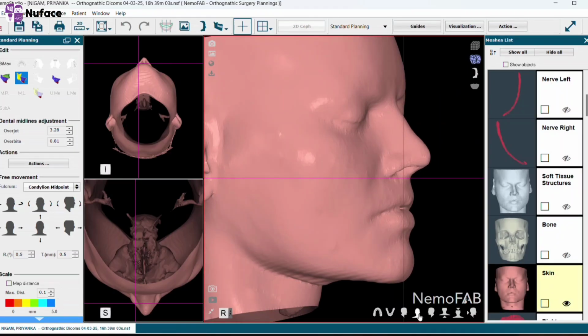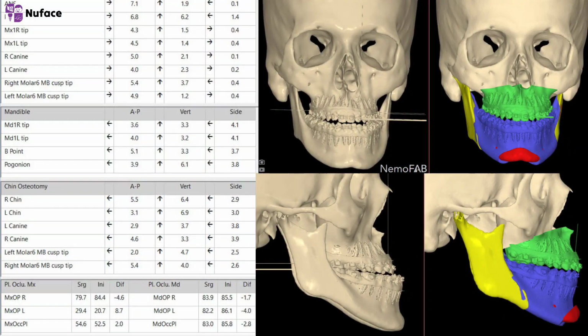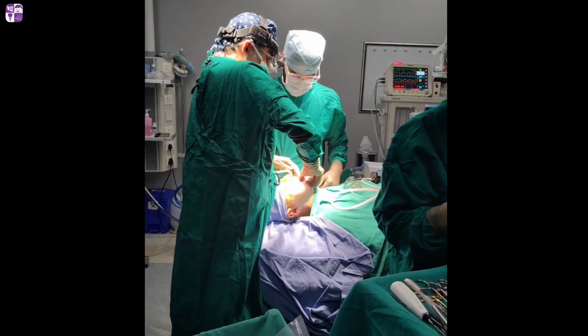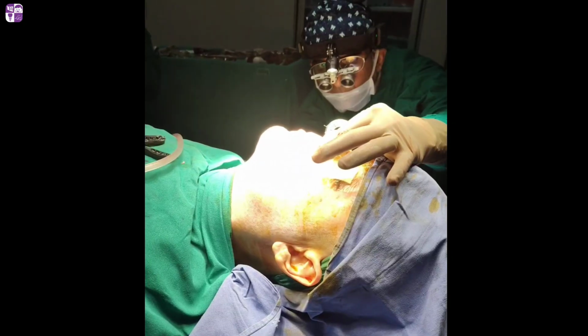So definitely this will improve the accuracy of the surgery, and after repositioning the jaw to its accurate position, we have all the measurements which we can cross-check during the surgery, whether this point has come properly into that particular position or not, like the vertical height and the sagittal advancement. So we have all the values available with us.